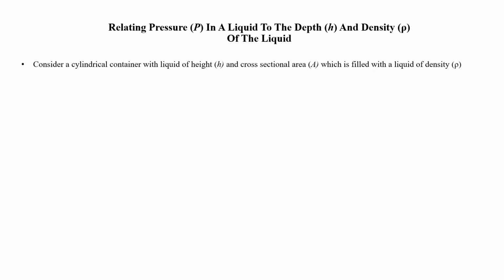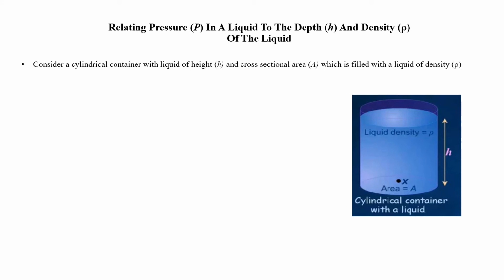Consider a cylindrical container of liquid height h and cross-sectional area A, which is filled with a liquid of density rho. So this is a cylindrical container with a liquid. We can see the height, or actually the depth of the liquid, the surface area, and also the density of the liquid.